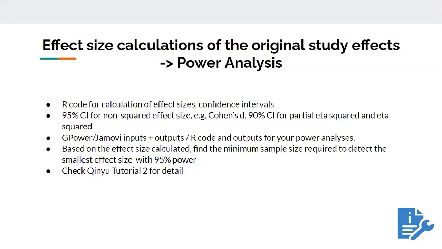Please report the input, the code, and output for your power analysis. And based on the calculated effect size, find the minimal sample size required to detect the smallest effect size with 95% power. And this is a summary of what you should do. As mentioned, check Chin Yeung's tutorial 2 for detail.